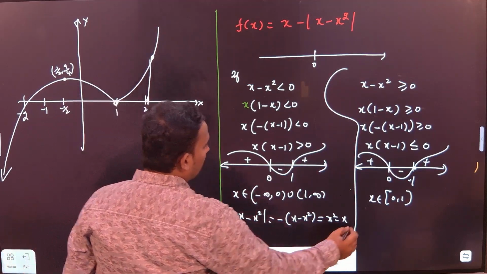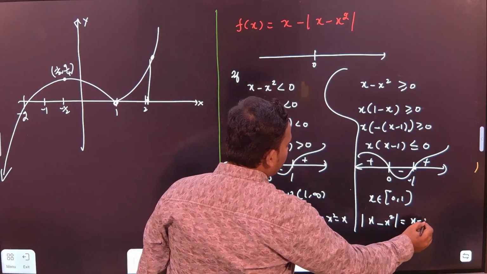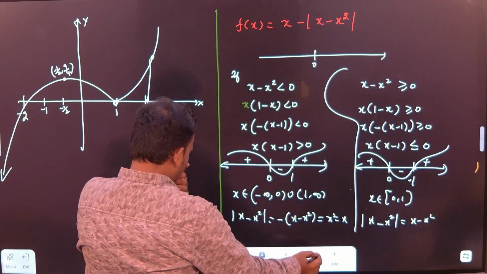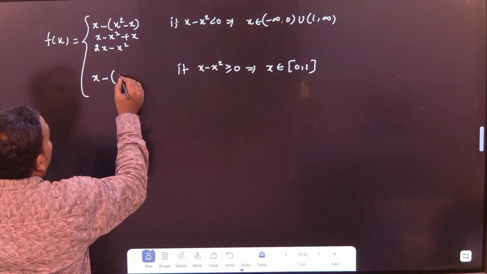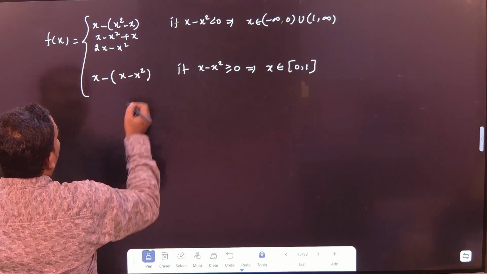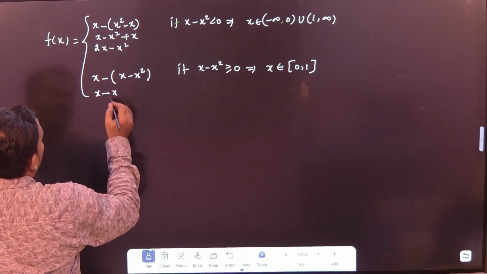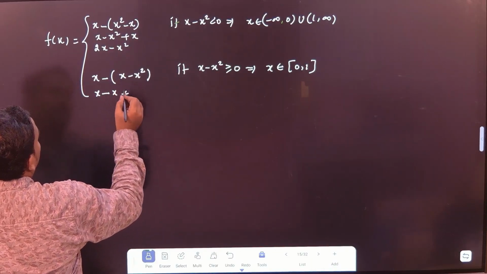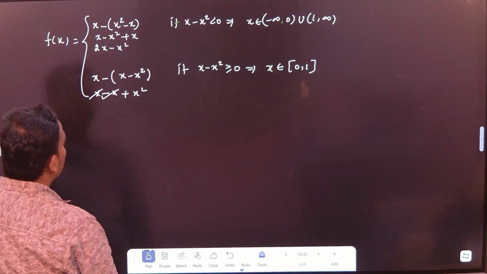In this case, mod x minus x square is x minus x square only. Clear? Now x minus x plus x square, this will be cancelled, and we get x square.